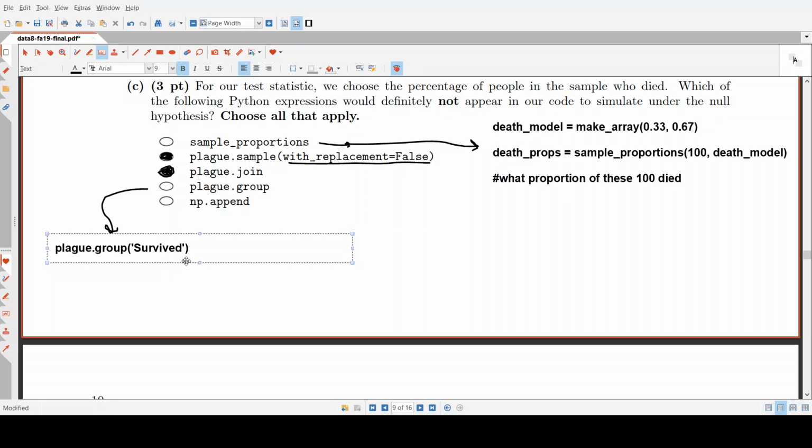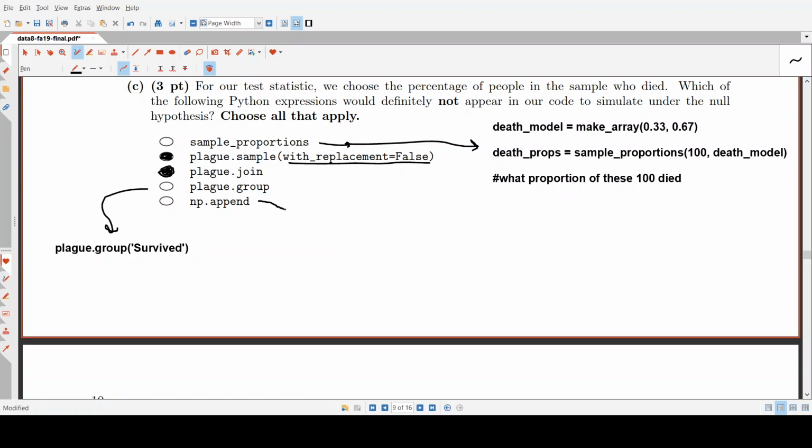And what that'll do is it'll give a new table with the data among everyone who did not survive, and then the data of everyone who did survive. So it is definitely possible to use group in this situation.